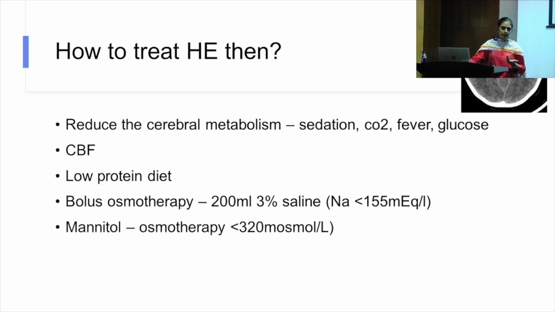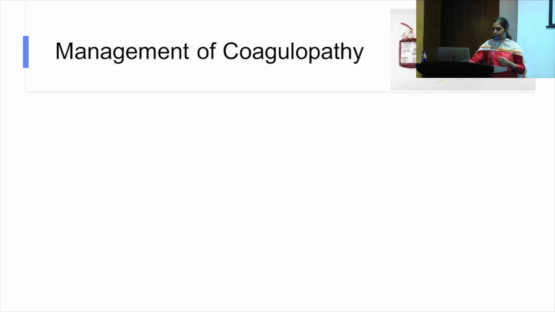Mannitol can also be given, but again here your target osmolarity should be less than 320. If there is hemodynamic instability, mannitol is not recommended. Consider only 3% saline. Alright, renal replacement therapy could be the other best option for reducing your ammonia levels, especially when the levels are very high and it is indicative of severe cerebral edema.